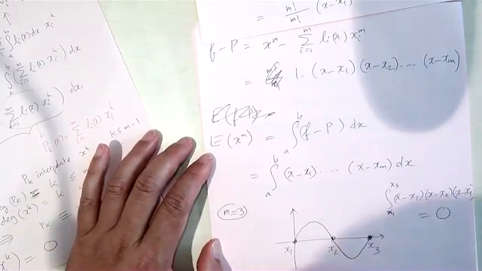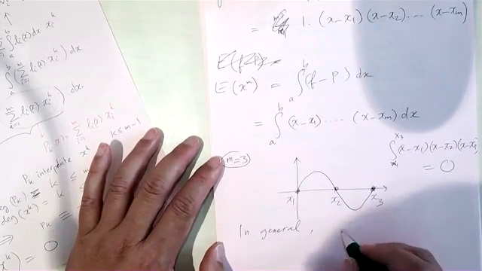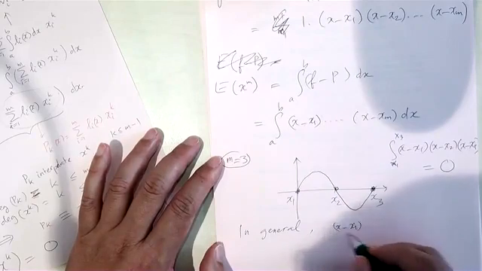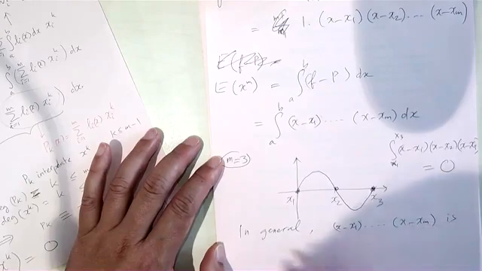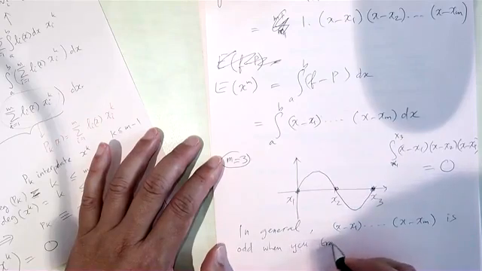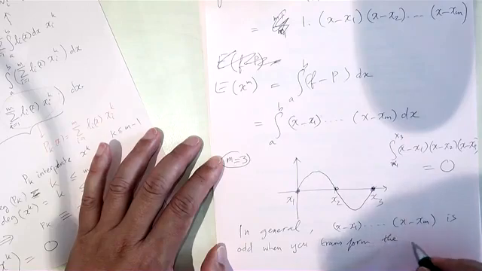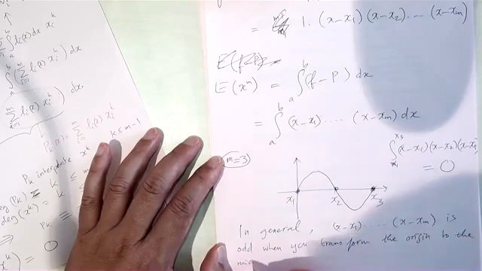So in general, you can show that (x minus x1) up to (x minus xm) is odd when you transform the origin to the midpoint, and hence the integral equals 0.